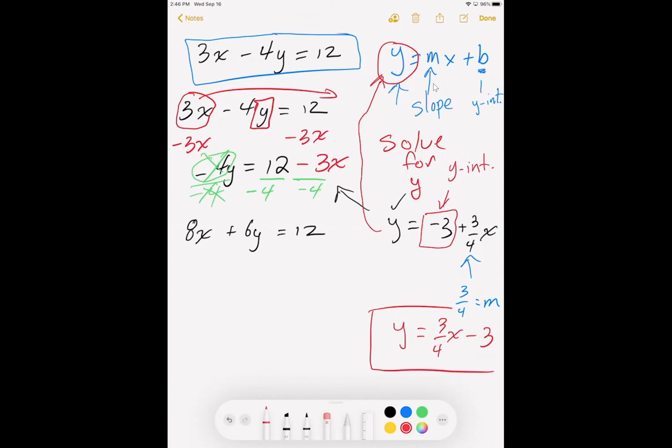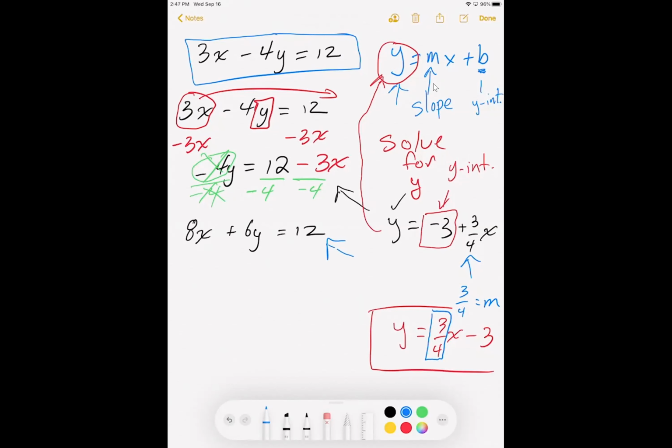If you look at this item, in order to be parallel, the slope of my next equation has to be 3/4. If the slope is 3/4, then I know that this is a parallel line.